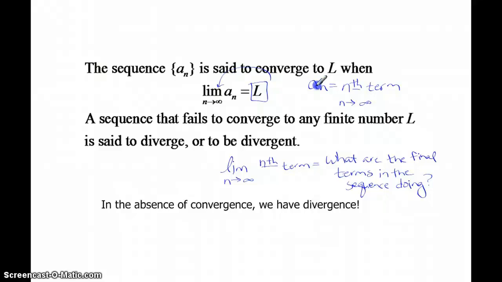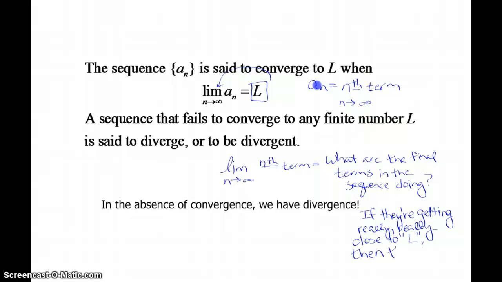Or are they getting really, really close to a single value? If they're getting really, and again, that's arbitrary, close to L, then the sequence converges.